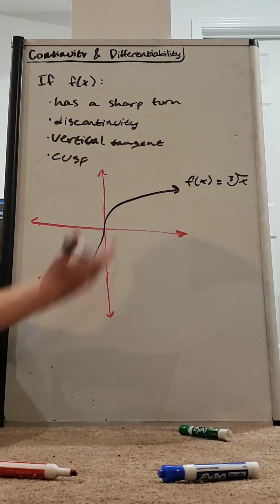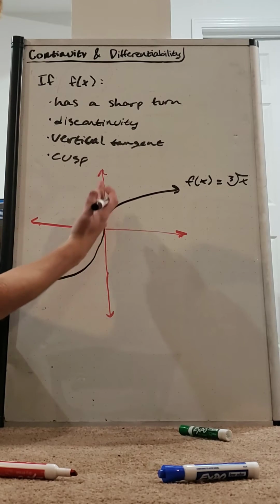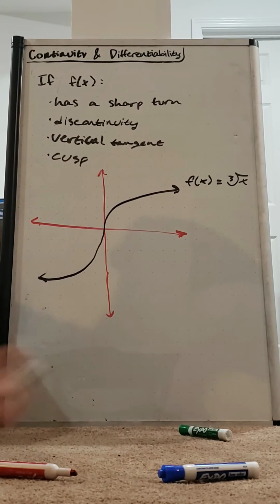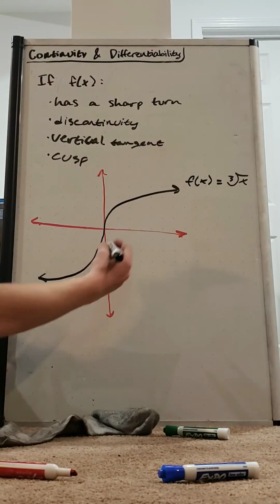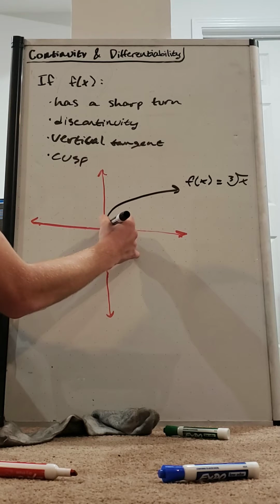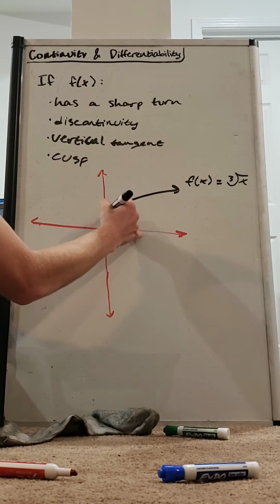That means it goes straight up. Right here at x equals 0, it's not differentiable, because the slope of the line tangent to that point is vertical.